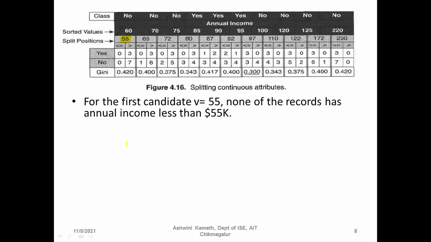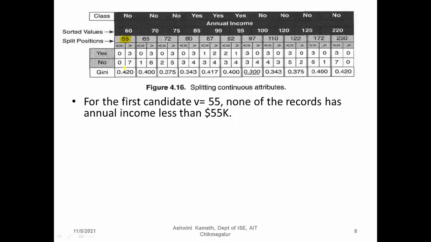Here we don't have the table to check that. If you have the textbook or a copy of that, you can check it out with the example. So we don't have any of the rows in the table which we have taken. We don't have any value which belongs to 55K.